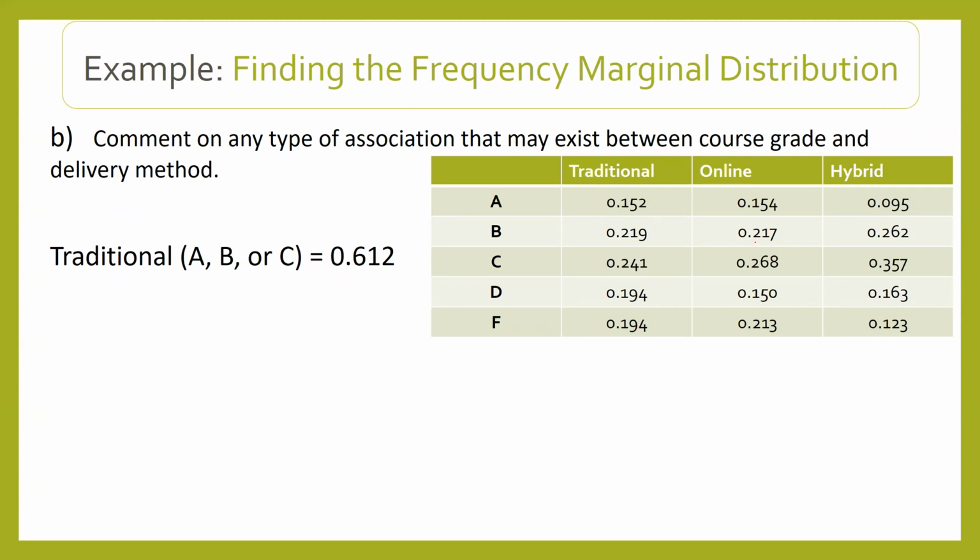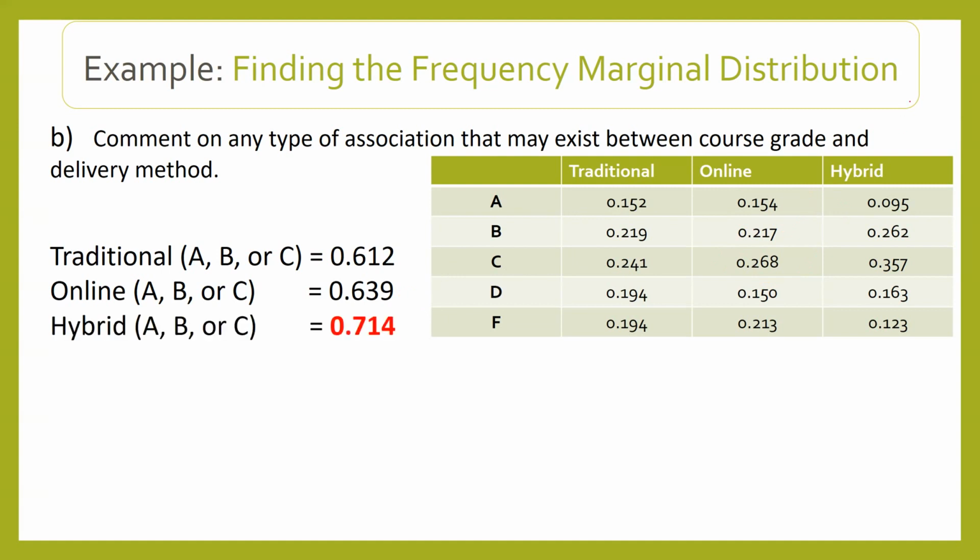So for traditional, A, B or C is just the sum of all these three. That gives us 0.612. For online, the sum of these three gives 0.639. So that's the proportion of those who passed.